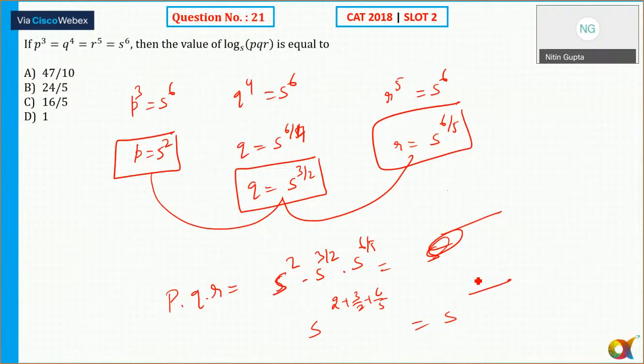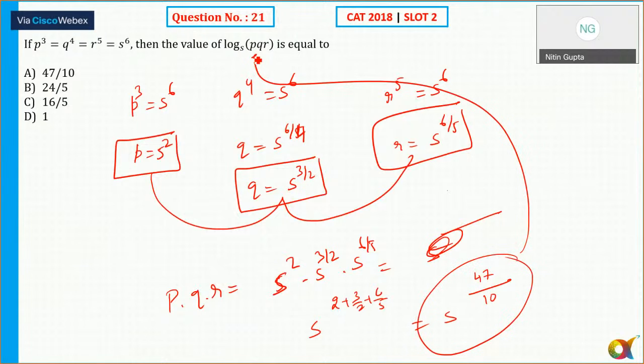That will come to 47 by 10. So PQR is equal to S raised to power 47 by 10. Now I need to calculate log of S raised to power 47 by 10 to the base S, which is 47 by 10 times log S to the base S, which is 47 by 10. The correct answer is 47 by 10.